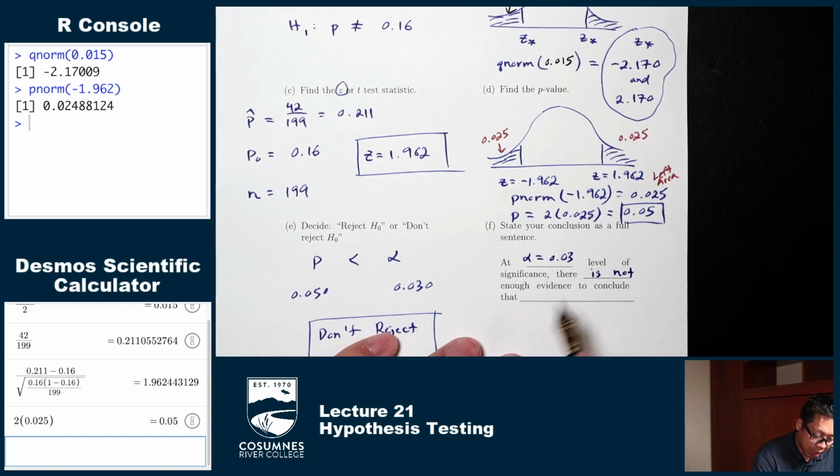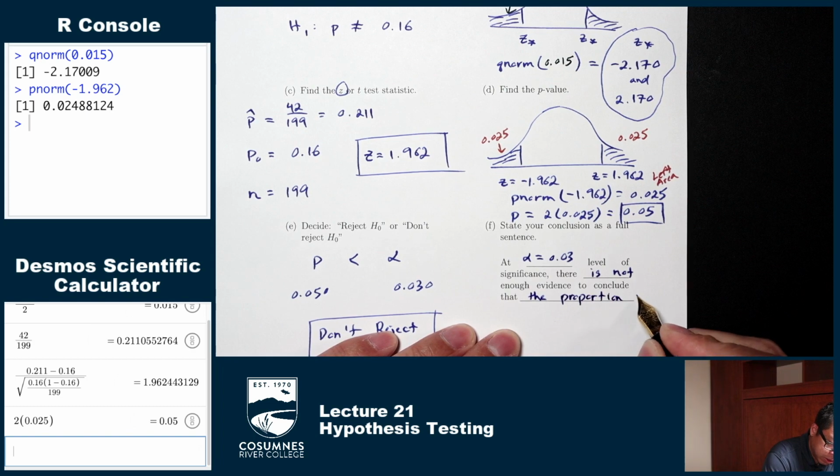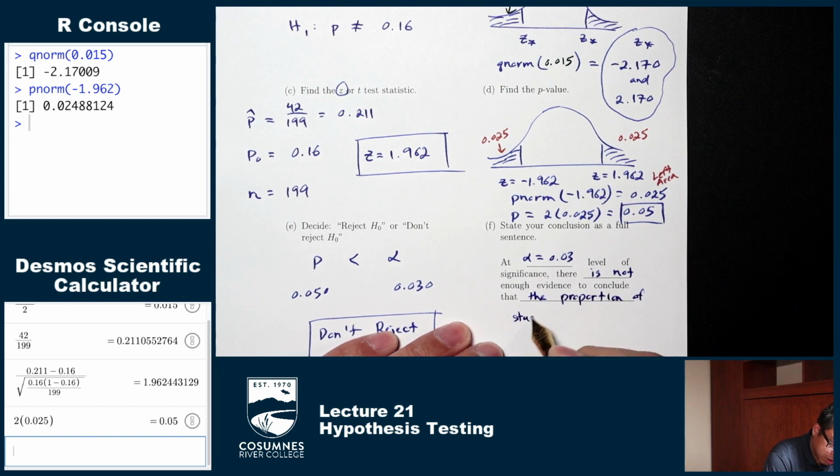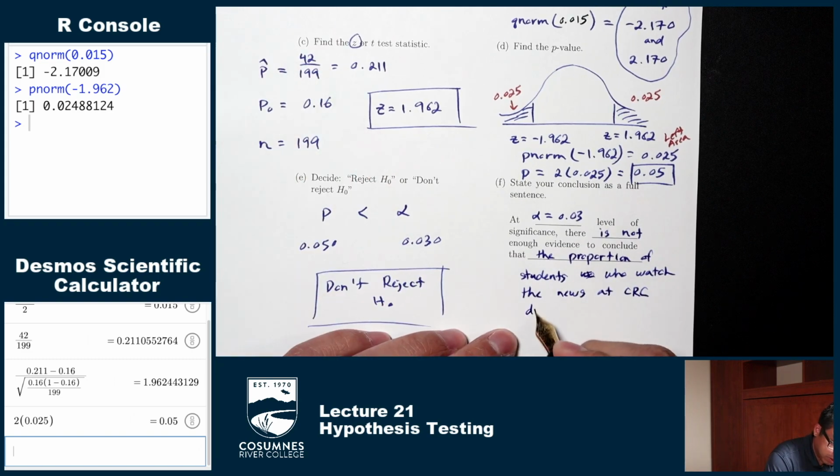So there is not enough evidence to conclude that the proportion of students who watch the news at CRC differs from 16%.